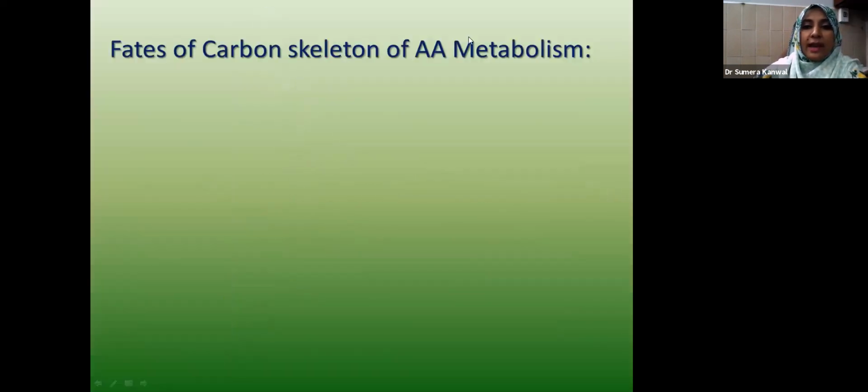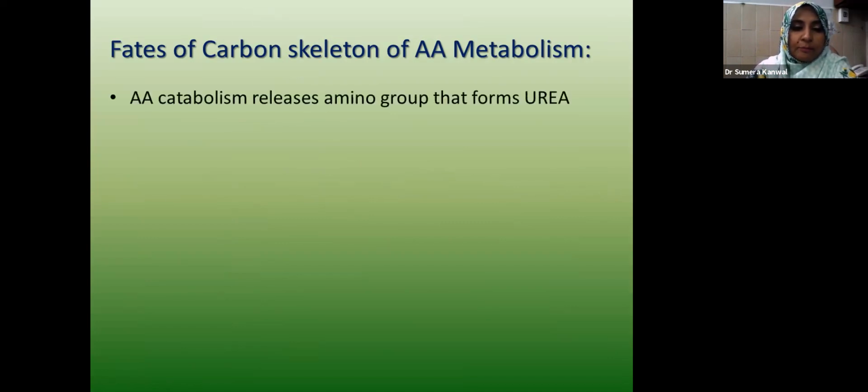Okay, the carbon skeleton that is coming from the degradation or the catabolism of amino acids has different fates, depending upon the condition, depending upon the requirement of the body. The amino acids catabolism releases amino group either from transamination reactions or from deamination reactions.